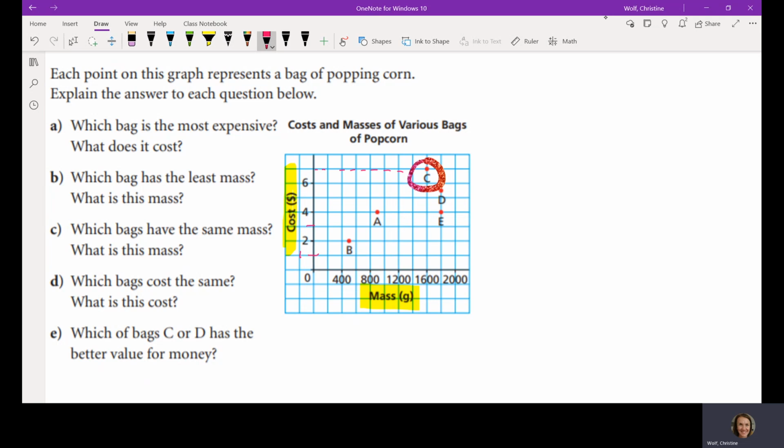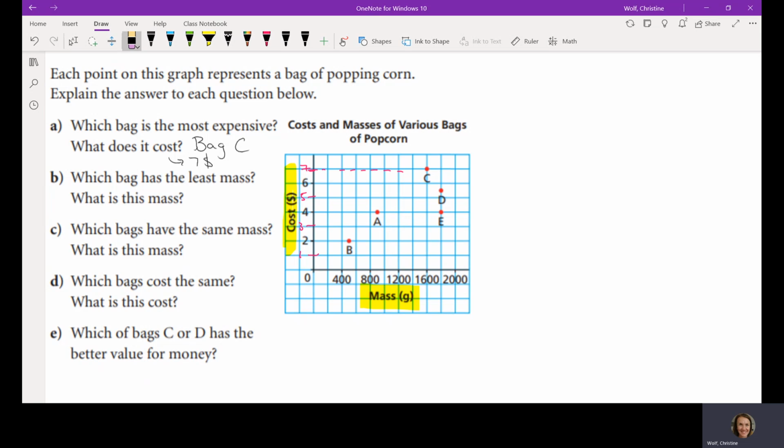So 1, 2, 3, 4, 5, 6. So that must be at 7. So my answer here is bag C. And then what does it cost? It costs $7. And we're done. We just interpreted a graph. How good are we? All right, next question.